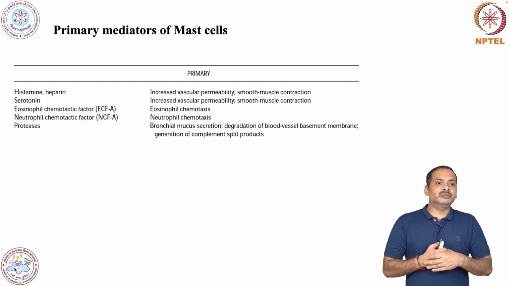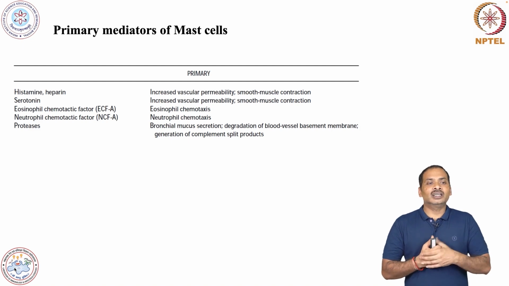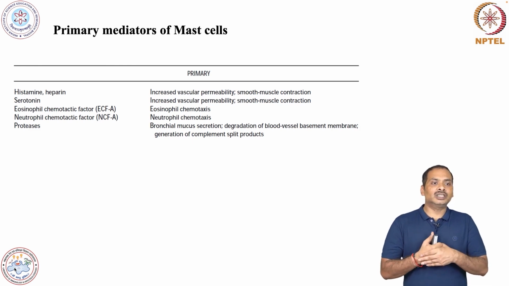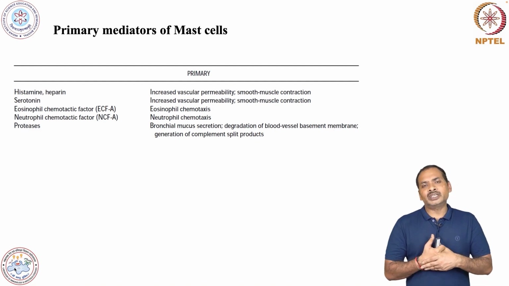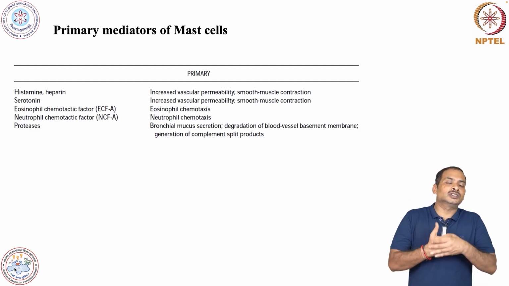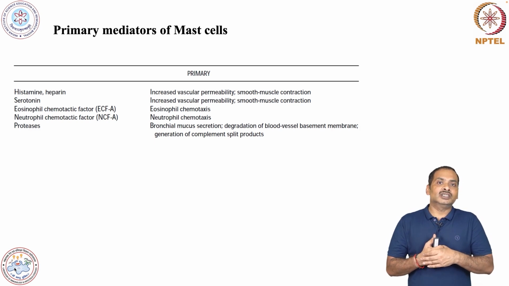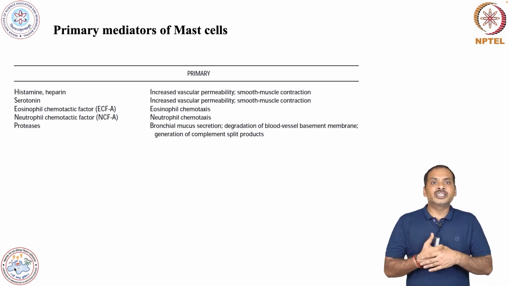These are a few of the primary mediators, the granules which you have seen. They contain histamine and heparin, which increase vascular permeability and cause muscle contraction. Similarly, serotonin also causes the same thing. Eosinophil chemotactic factor causes the invitation of eosinophils to the site of mast cell degranulation, which we technically call eosinophil chemotaxis.